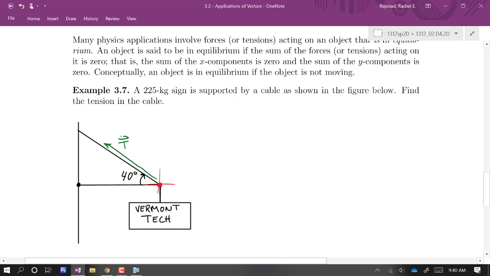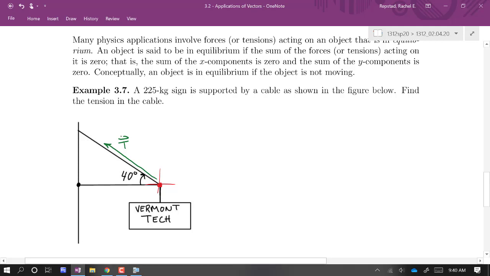In problems where something is hanging or being supported by something else, the whole idea is that the sign isn't moving. It's just hanging there.